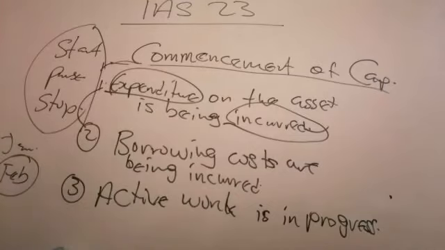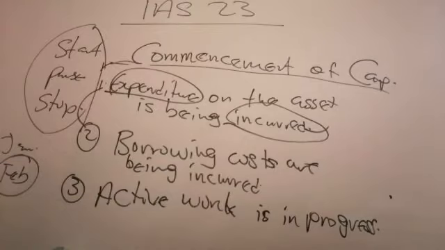Now, the next condition is that borrowing costs are being incurred. Yes, you have to pay interest or any other cost on the facility that you've taken. If it is an interest-free loan, a sister thank-you loan, a brother thank-you loan, these loans don't have borrowing cost.